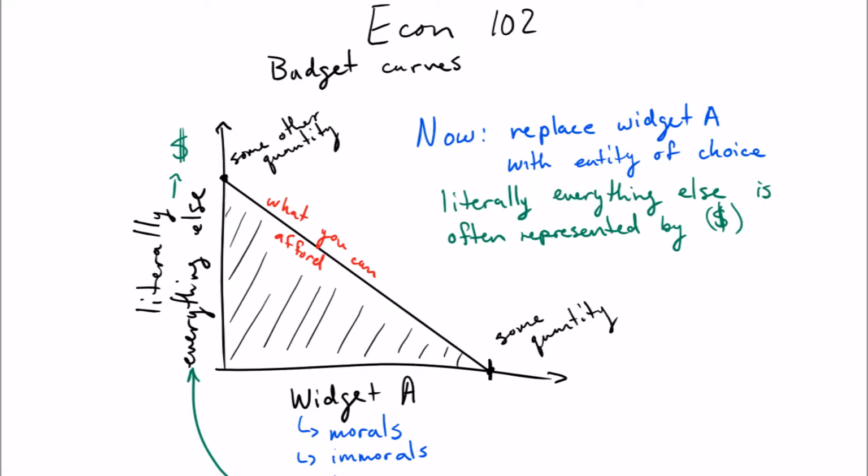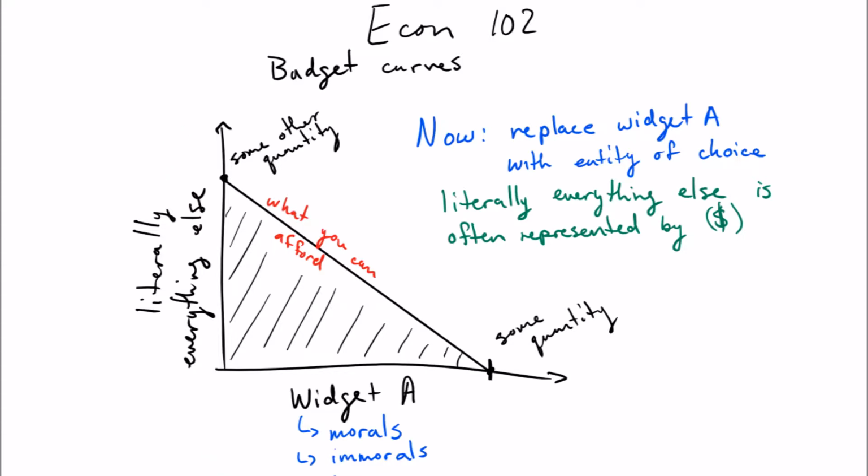So the idea is that you have some fixed amount of money. And if you spend literally all of your money on widget A, or whatever it is on the other axis, you have nothing else. No other money, and you have a whole bunch of widget A.